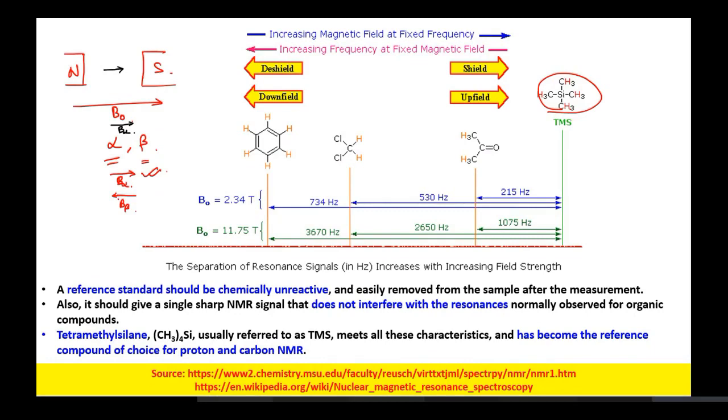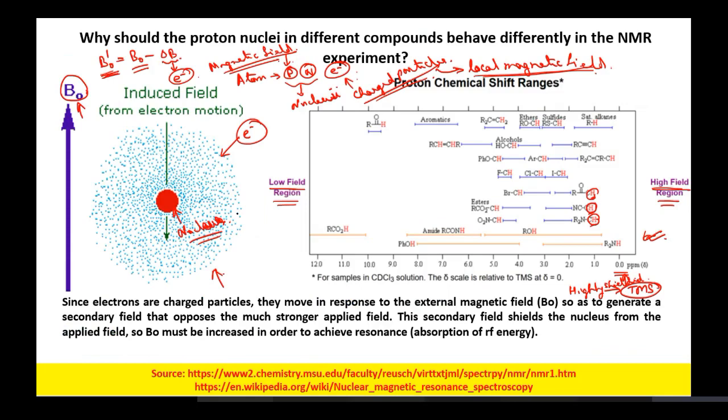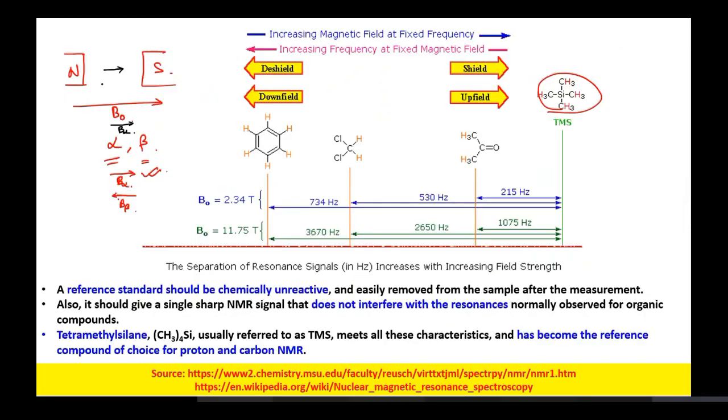However, just now we have discussed the presence of electrons within the atoms, which will affect the net magnetization vector which is being sensed by the protons. In that case, what will happen? This black arrow is in the direction of the magnetic field.